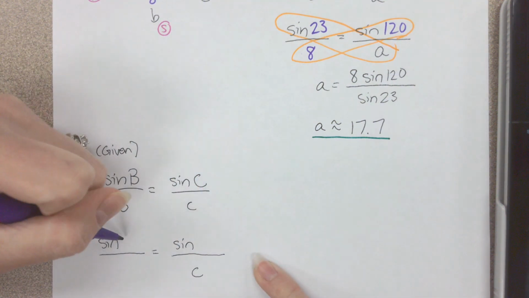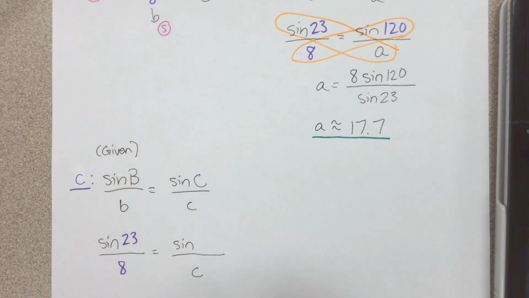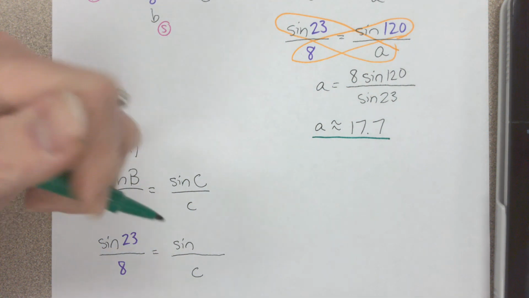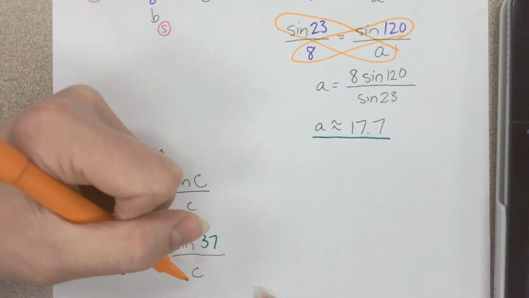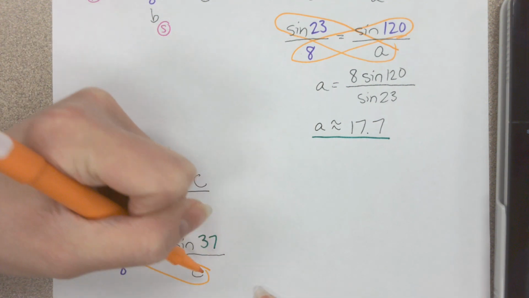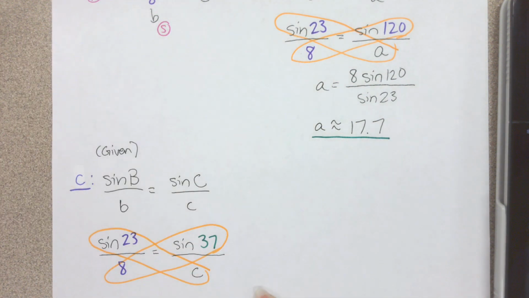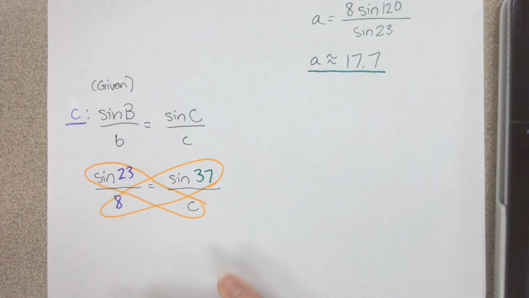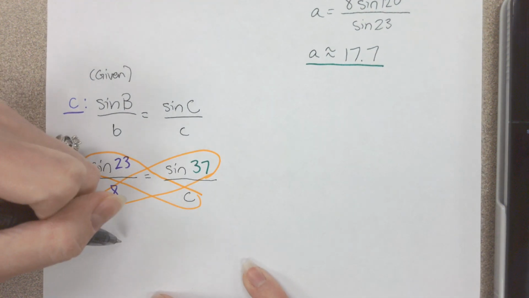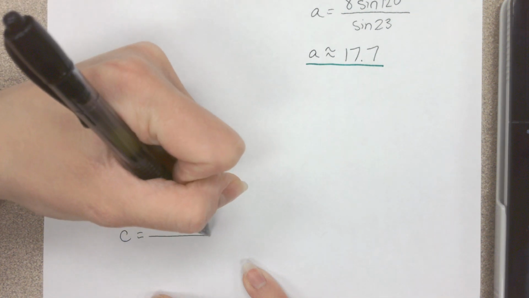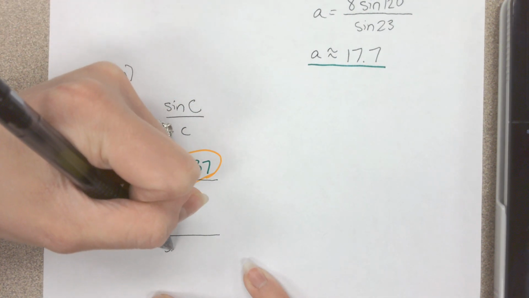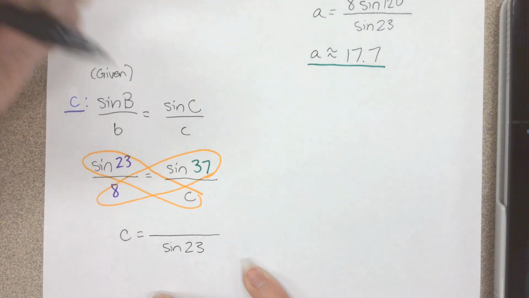So we have sine of 23 over 8, and then sine of C was 37. C equals, whatever gets crossed with C goes on bottom, sine of 23.